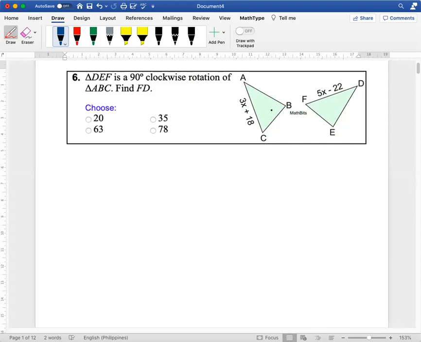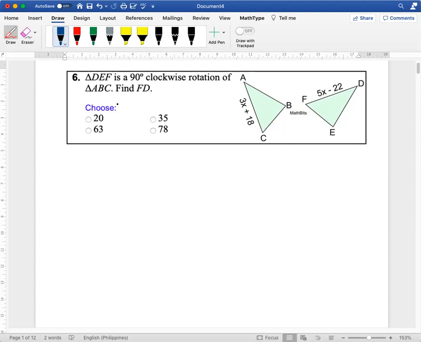which means that their corresponding parts are still congruent. We just reposition the triangles. The positions are different, but again, the corresponding parts are still congruent. So here, let's identify the corresponding parts.